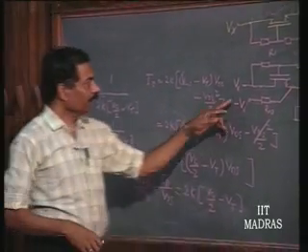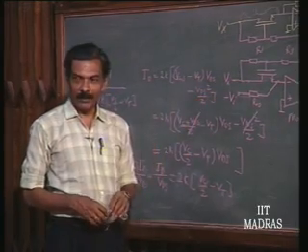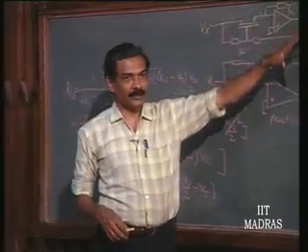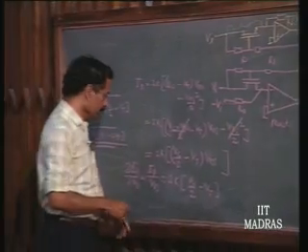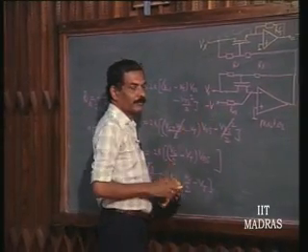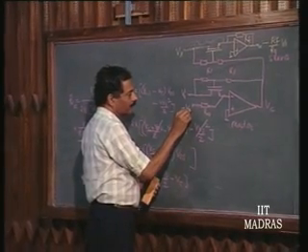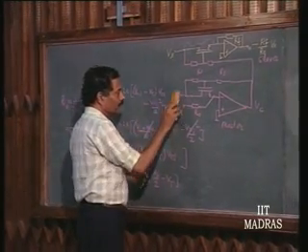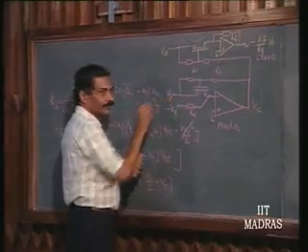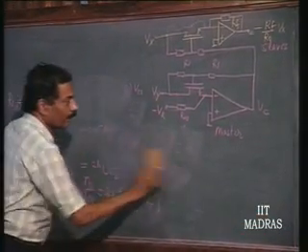In fact, I do not have to keep this and this the same. Now, this is understood, is it not? So, what I will do is keep this as, let us say, Vr, and keep this as Vy. Let us see what happens.